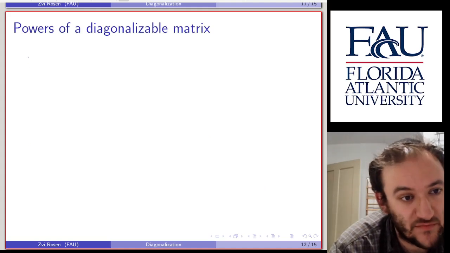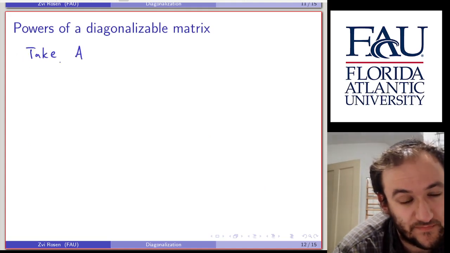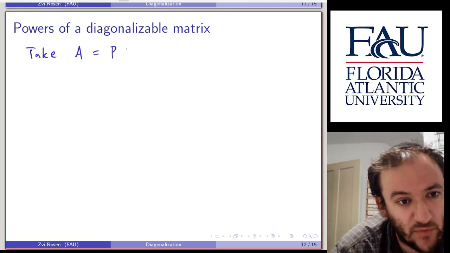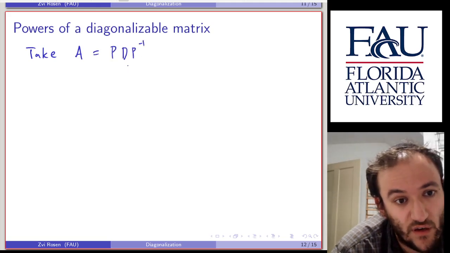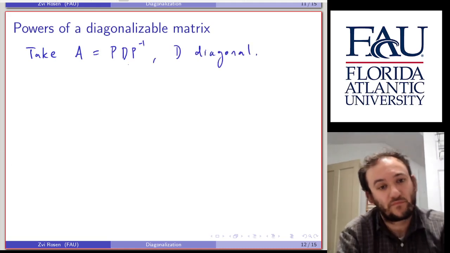So let's say we have some general matrix A, and suppose we can decompose it as P D P inverse, where D is diagonal. Okay.